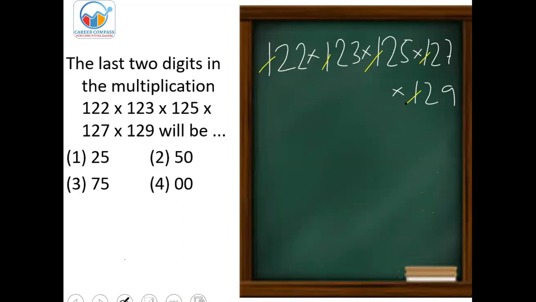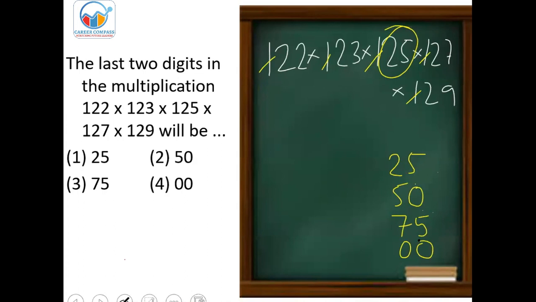Which number out of all these will help me narrow down the possibilities? Of course, 25. Consider any multiple of 25. What are the possibilities of last two digits? 25, 50, 75 and 00. These are the possibilities, no?